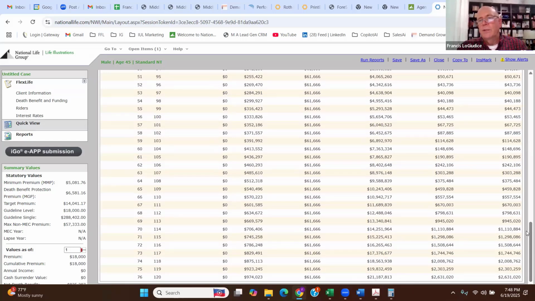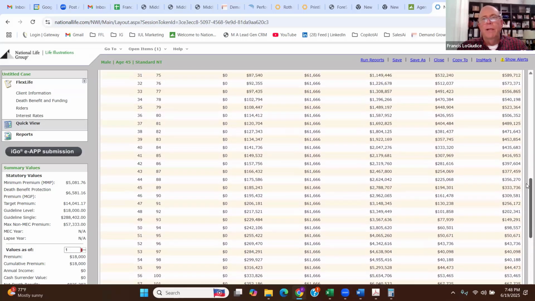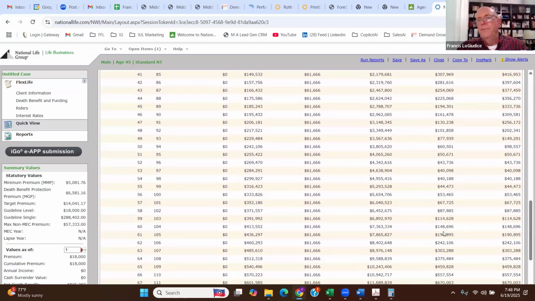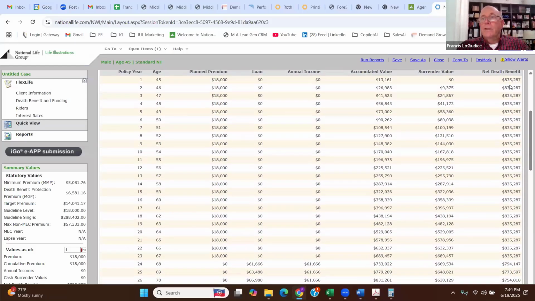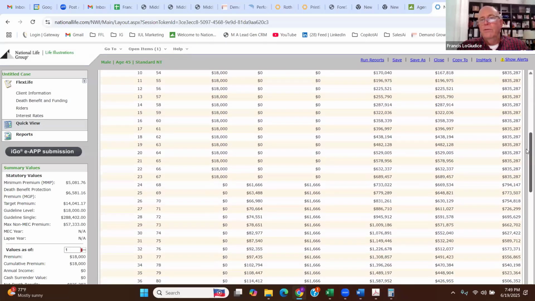Again, your surrender value goes down and your death benefit goes down, because your surrender value reduces your death benefit. So also, to answer a question a lot of people have: do you get the death benefit and the accumulation value and the surrender value?